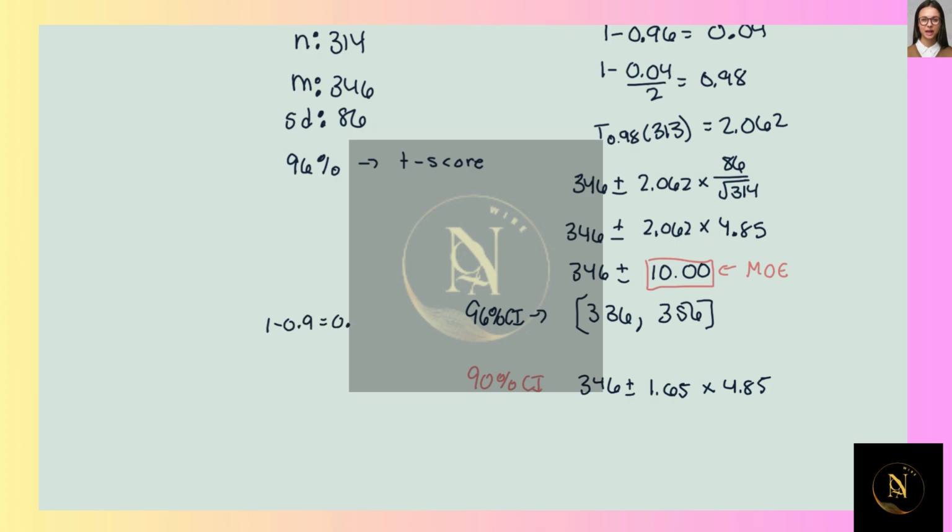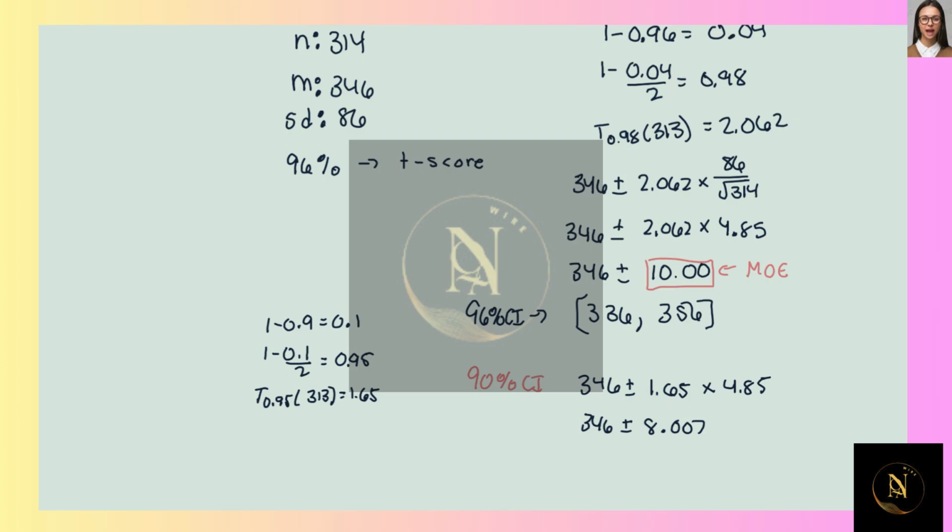It equals 0.1. And then 1 minus 0.1 divided by 2, and that's 0.95. And then that is T 0.95 times your degrees of freedom of 313. And that's how you got 1.65. So then 346 plus or minus 8.007.